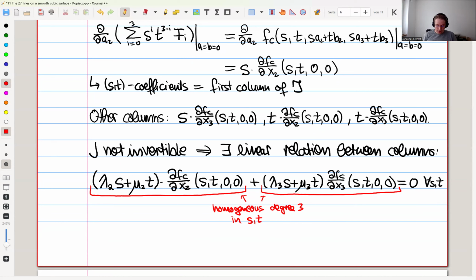If you take a derivative and evaluate it at S, T, then it is a homogeneous degree 2 polynomial, but then you multiply with the homogeneous degree 1 polynomial, and so 1 plus 2 is equal to 3, so you're back to degree 3. And so basically this says this homogeneous polynomial of degree 3 is equal to minus this polynomial of degree 3.